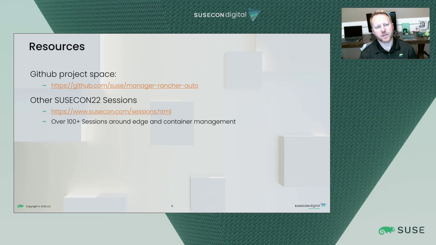Now, I do have a GitHub project space out on GitHub/SUSE Manager Rancher Auto, where you can either make contributions or open issues if you do see some problems, but it does have some basic documentation to help walk you through the setup there. I would also urge you to look at other SUSECON 22 sessions. There's a lot of good ones out there.